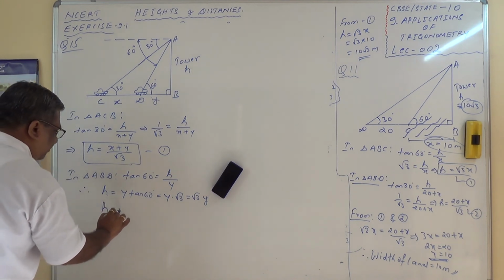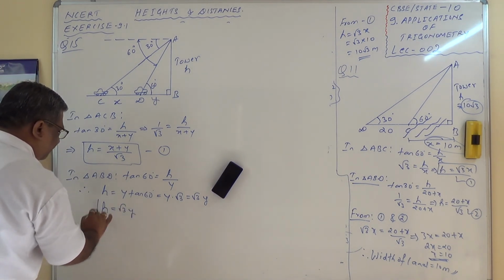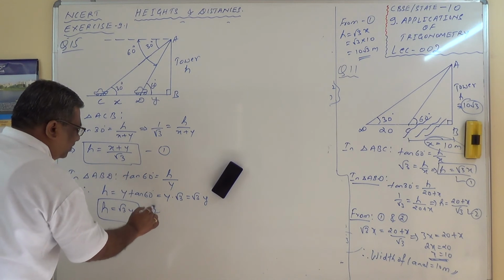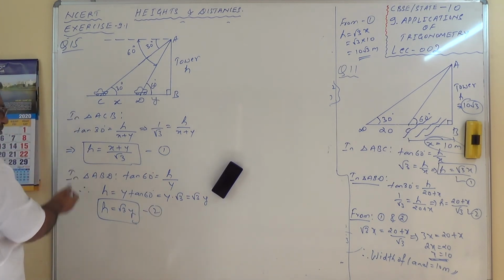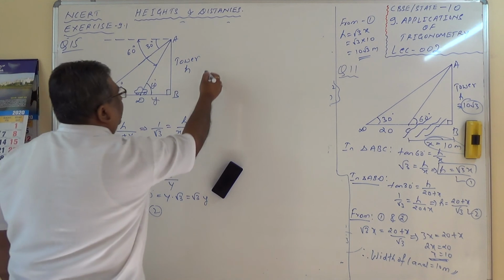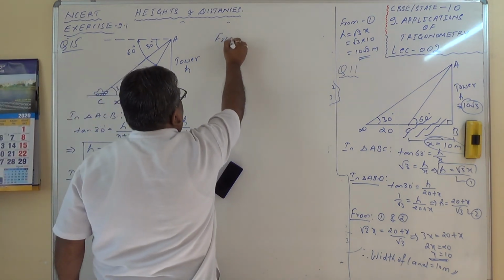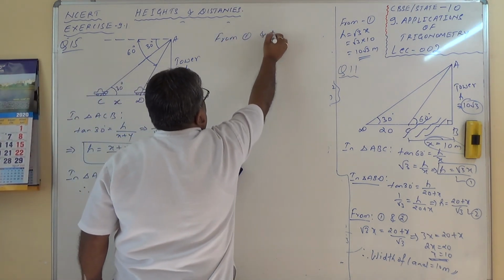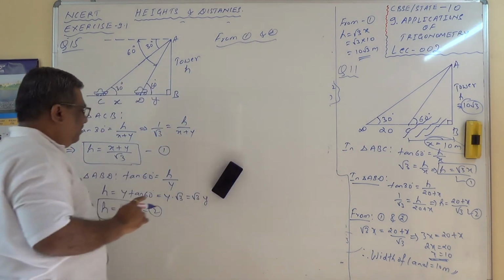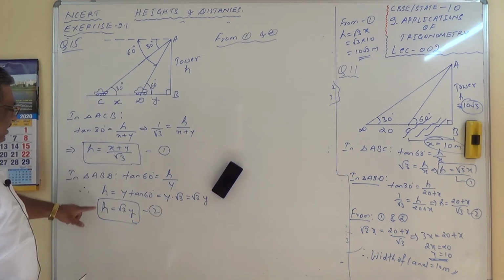So h equals root 3 times y. Simple. This is 2. Now from 1 and 2, h equals this, h equals this.